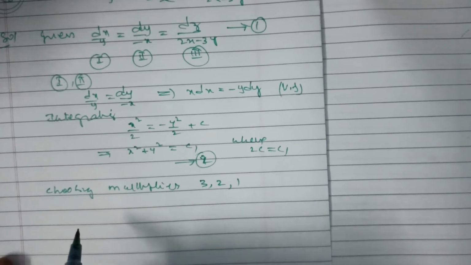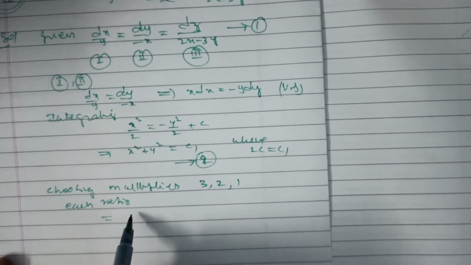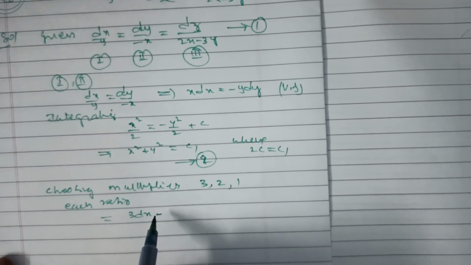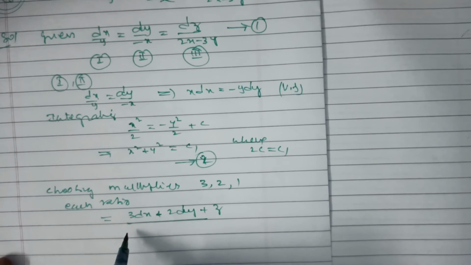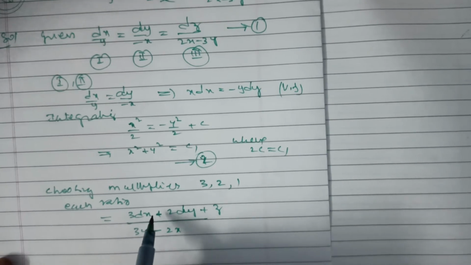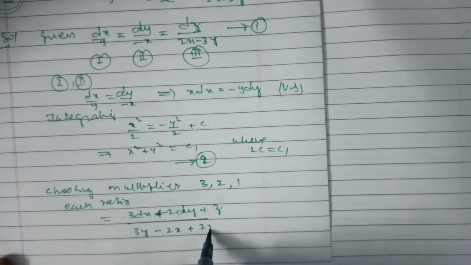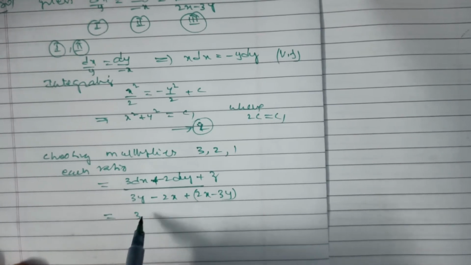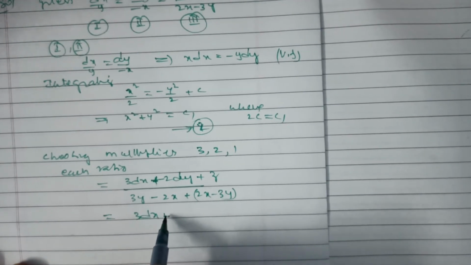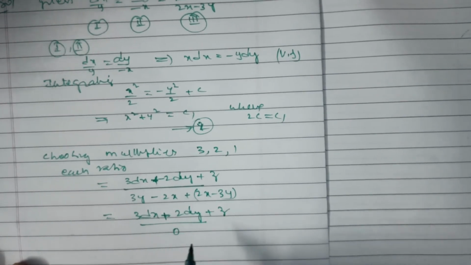1, each ratio is equal to 3 dx plus 2 dy plus dz whole divided by 3y minus 2x plus 2x minus 3y, which is equal to 3 dx plus 2 dy plus dz whole divided by 0.